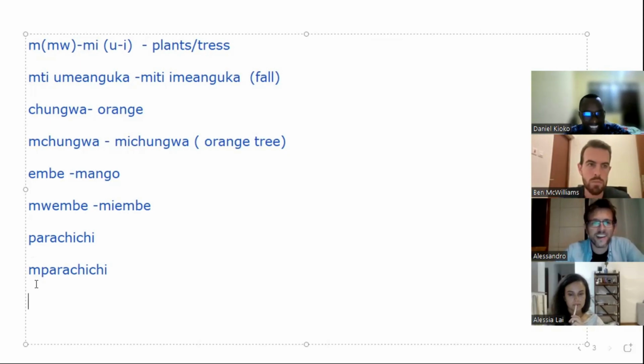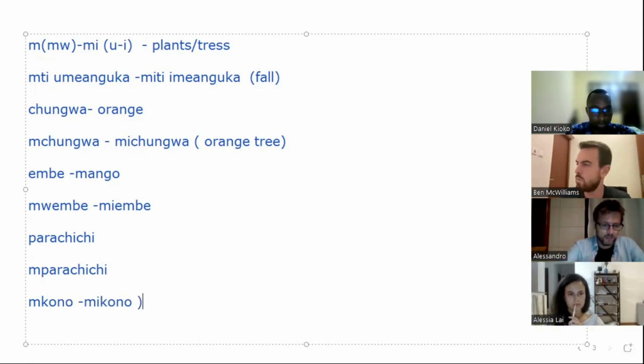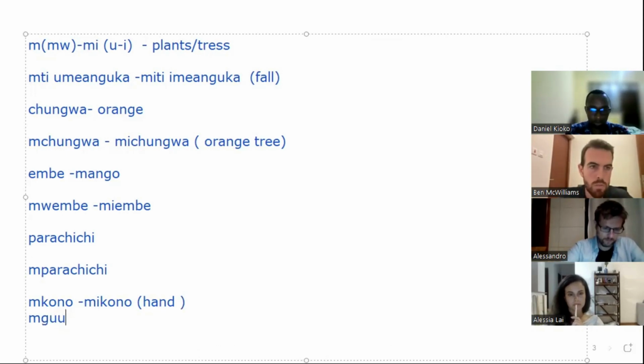Okay, so the trees are part of the body. For example, mkono, mikono. Mkono, mikono, hand. Hands. Mguu, miguu. Legs.